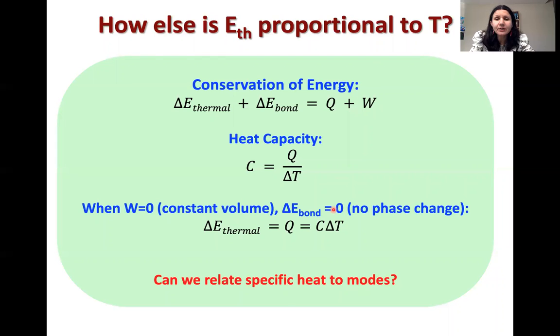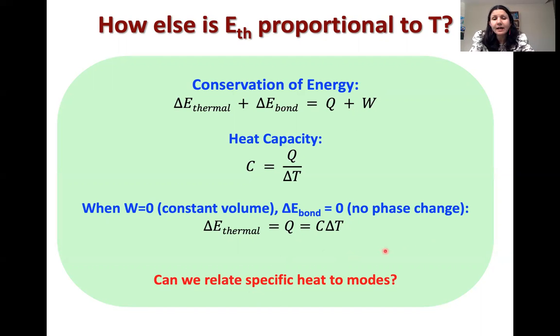So when work is 0 and there's no change in bond energy, no phase change, so we're only focusing on temperature change, then this simplifies to delta E thermal just equals Q, and then we can rewrite Q in terms of heat capacity times delta T. In the beginning of the course, we went directly to this: delta E thermal is C delta T, because we assume no phase change and no work being done in that particular process.